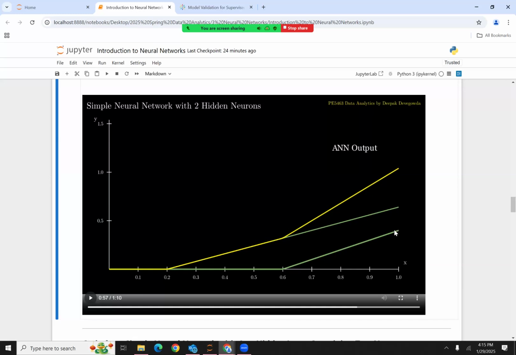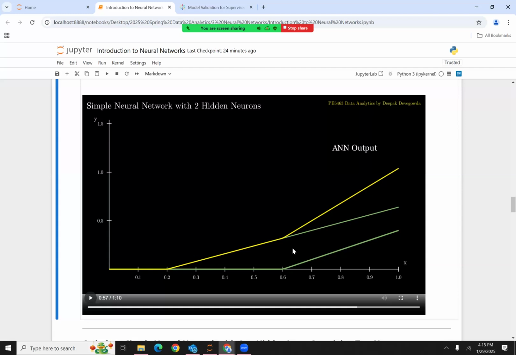And because we are summing up the outputs from neuron 1 and neuron 2, you can see that we have 3 segments in our output. On the yellow line, we have 2 changes in slope. So potentially, if you have 2 hidden neurons, you're going to have 2 places where the slope changes.